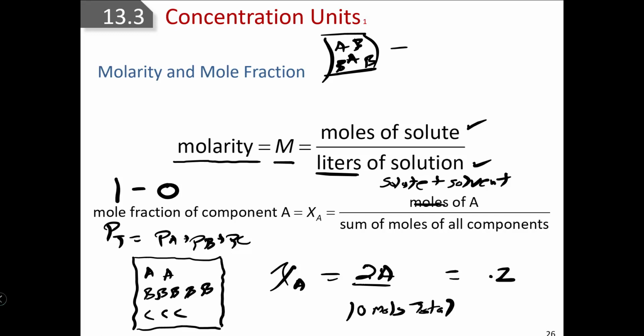All right, if you know the mole fraction of A is 0.4, then 1 minus 0.4 tells you the mole fraction of B is 0.6. So when you add up the mole fractions of all the materials in the container, it has to equal 1. So you are going to exploit that.